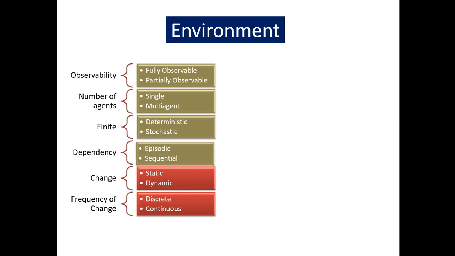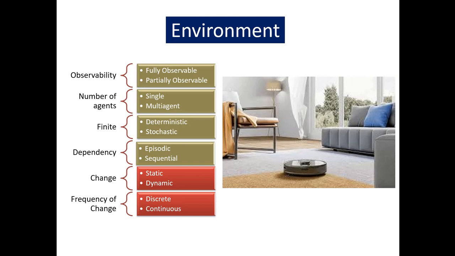Then, moving on to the change that you feel in the environment. The environment can either be static or dynamic. Static is in a way slightly related to deterministic or stochastic. Most of you would have known this cleaning robot, a very famous cleaning robot which is available.